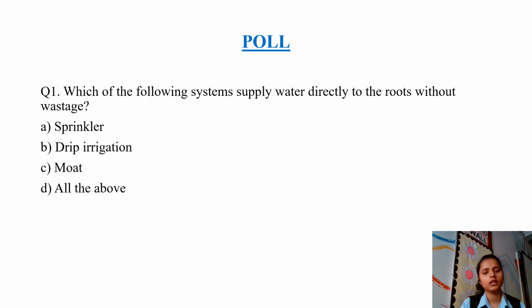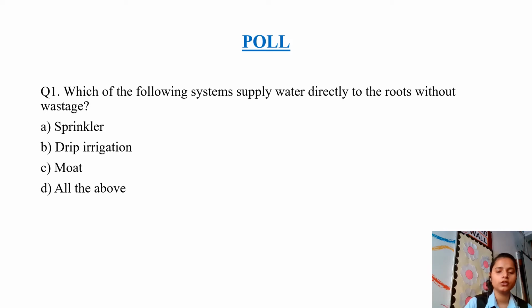Now there is another question for you. The question is, which of the following systems supply water directly to the roots without wastage? Here I have some options. So four options are there. The first one is sprinkler system, second is drip irrigation, third is more, and D is all of the above.